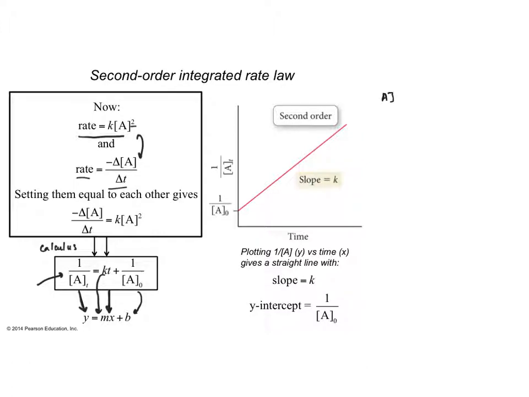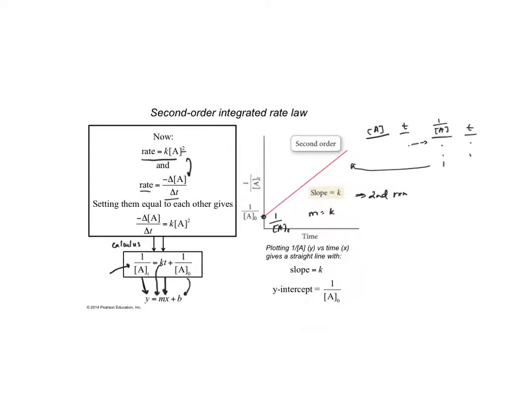So someone went in, measured concentration versus time data, and they transformed that by taking the inverse of the concentration. They plotted it as a function of time, and they got a beautiful little straight line, which indicated to them that this was a second order reaction where the slope is equal to the rate constant, okay? And the y-intercept is 1 over the initial concentration. Okay, so that is second order.